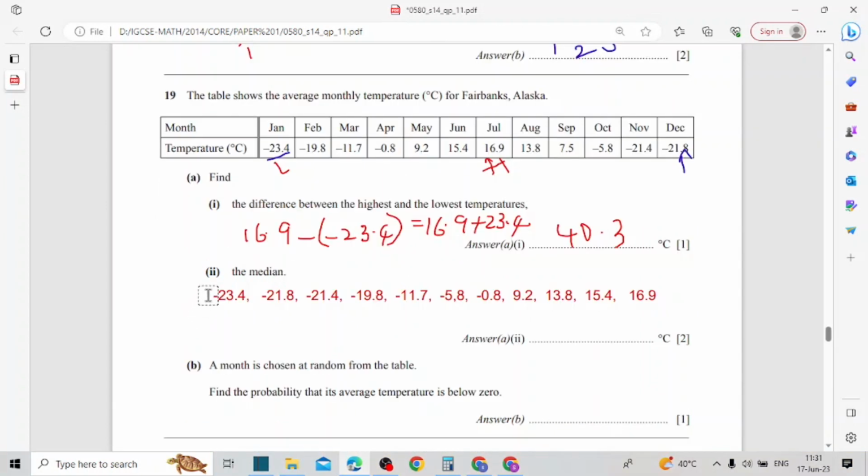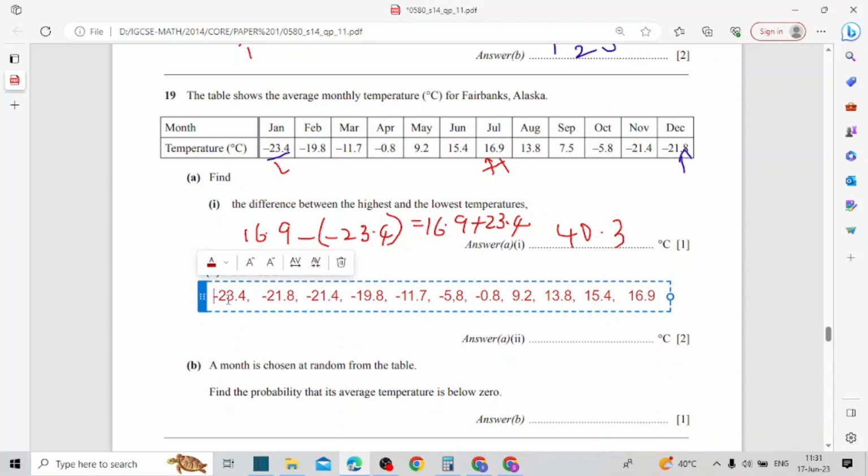After writing all those temperatures in ascending order, this is the perfect ascending order. If one more time I check, 23, 21, 21.4, 19, all these negatives. Okay, so positives are, there are how many? 1, 2, 3, 4.